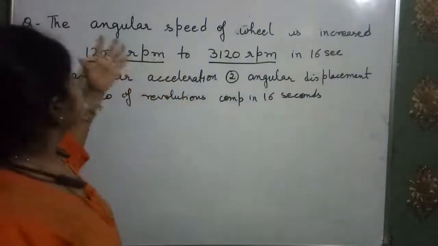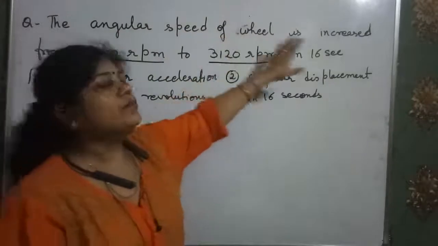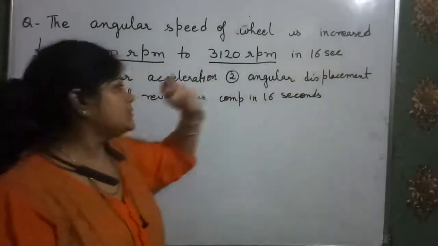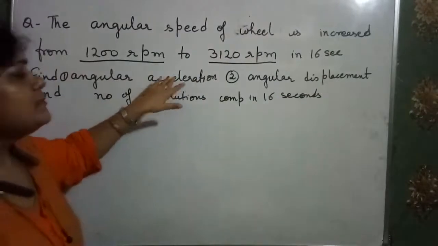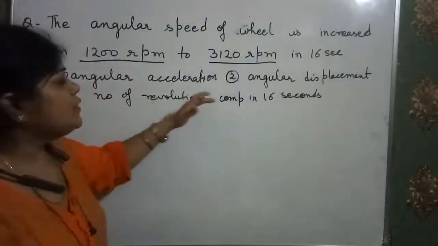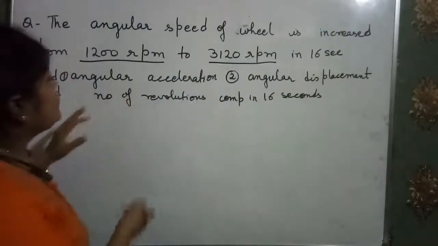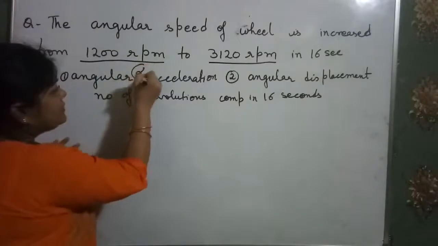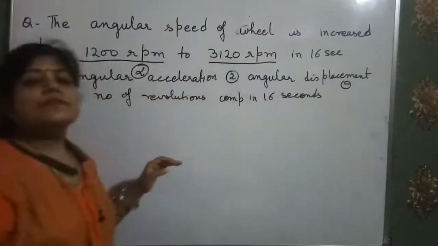That means its speed increases from this value to this value in 16 seconds. Now you have to find angular acceleration, angular displacement, and the number of revolutions completed in 16 seconds. Angular acceleration means alpha, angular displacement means theta. Clear?